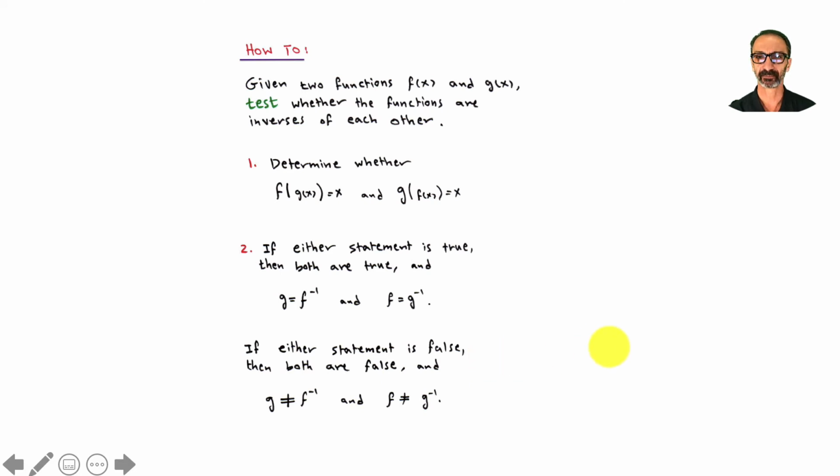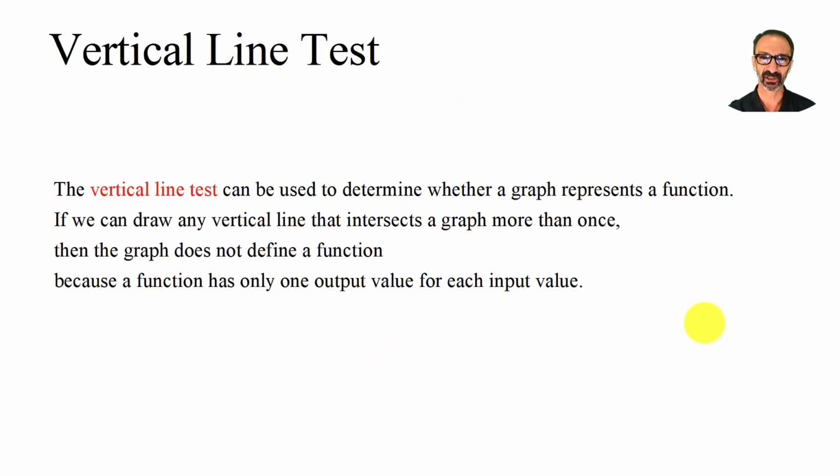Alright, now let's talk in more detail about functions, the vertical line test, and how we can invert functions, knowing the main condition from graphs. Vertical line test. The vertical line test can be used to determine whether a graph represents a function.